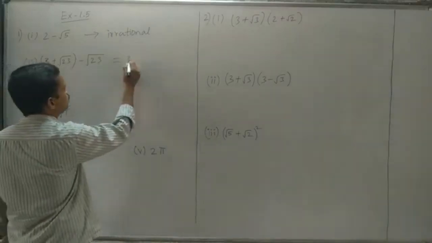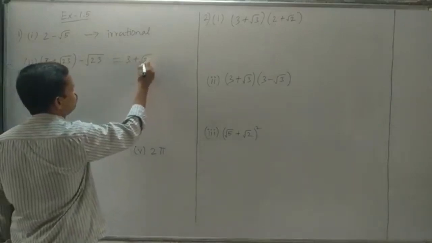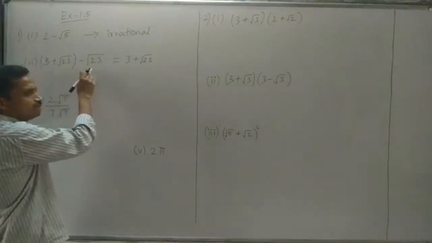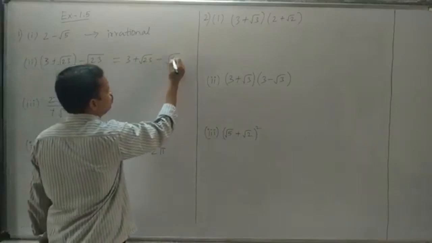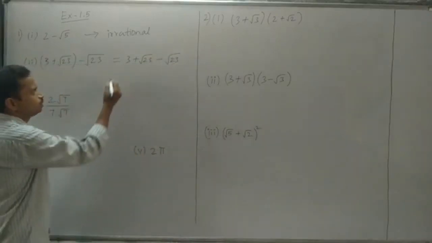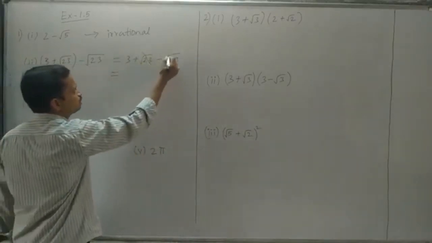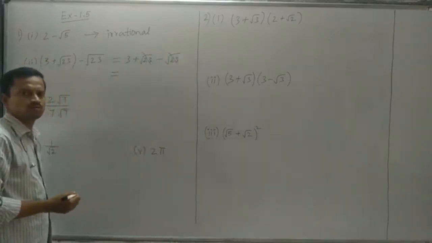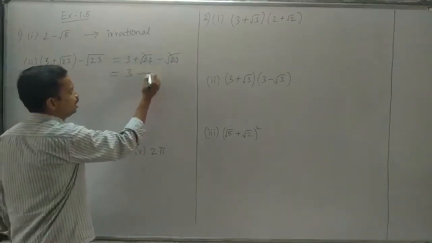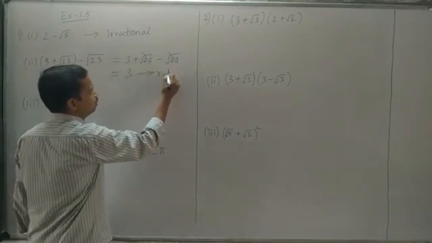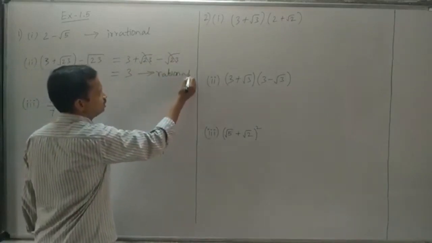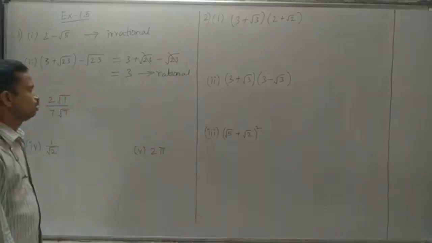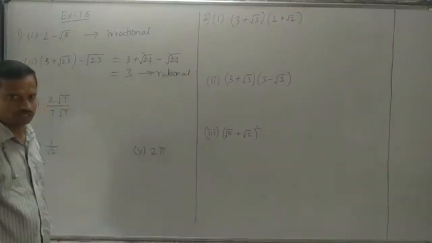So 3 plus root 23 and then minus root 23. If you cancel plus and minus root 23, we get only 3, which is rational. So after simplification of the given problem, we can tell that it is rational.